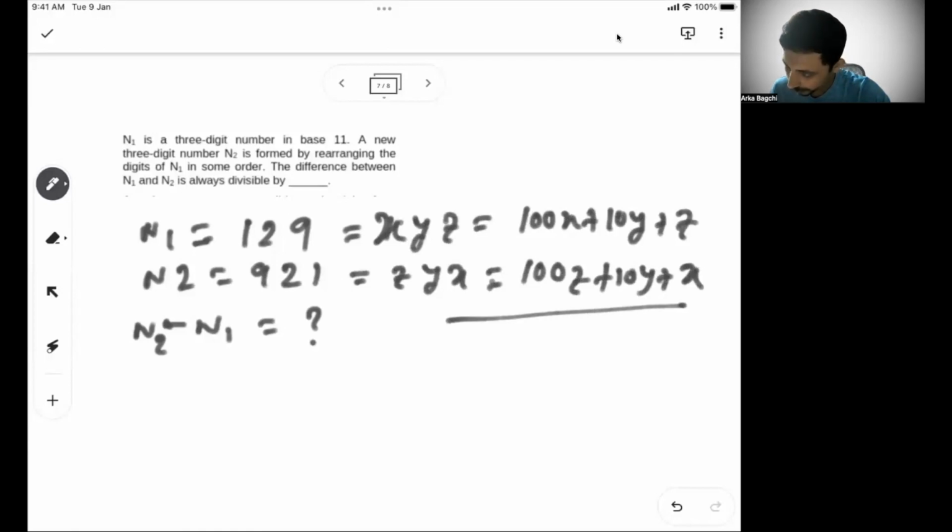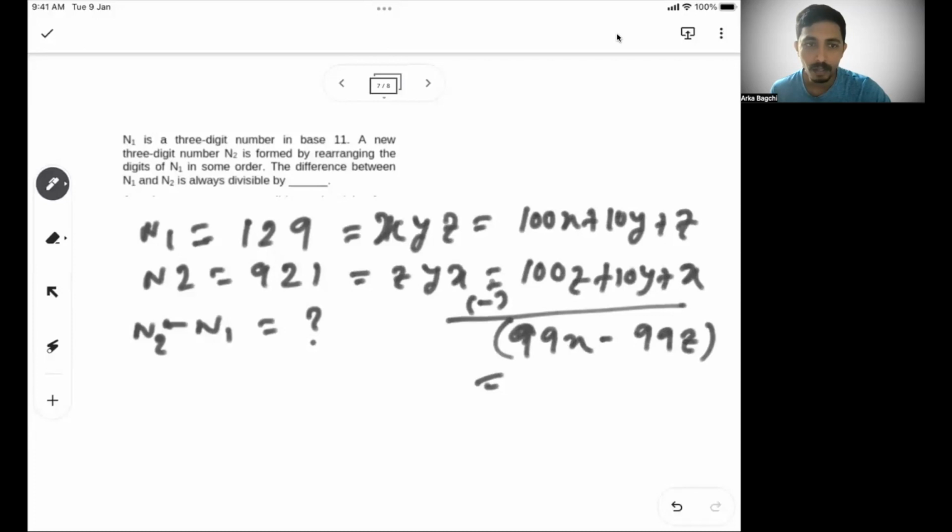If I do a subtraction here, I get 99x minus 99z, that means 99 into x minus z.